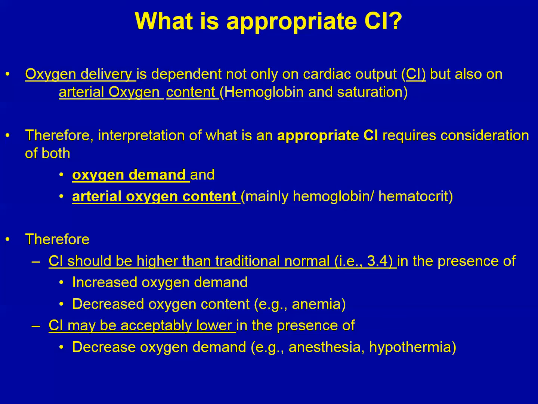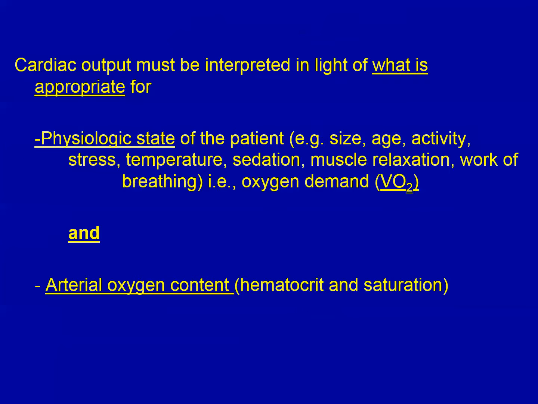Therefore, cardiac index should be higher than traditional normal in the presence of increased oxygen demand or decreased oxygen content, i.e. in anemia, but cardiac index may be acceptably lower in the presence of decreased oxygen demand, such as during anesthesia and hypothermia. In summary, cardiac output must be interpreted in the light of what is appropriate for their physiologic state and their arterial oxygen content.